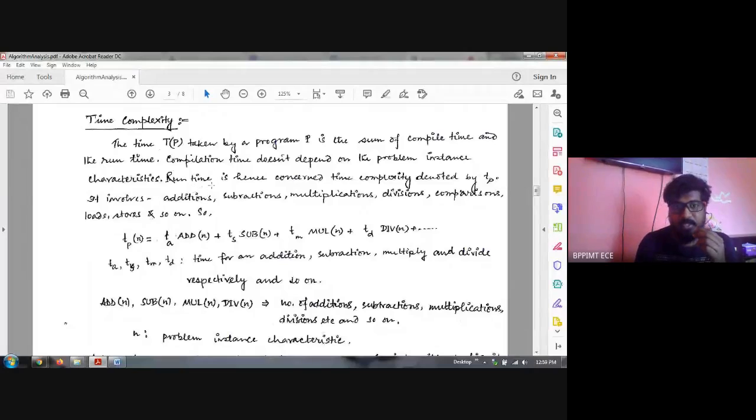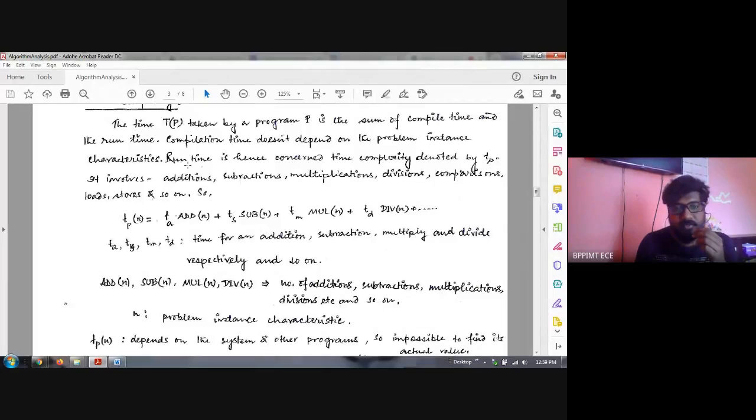Runtime is hence concerned with the time complexity, denoted by small tp. It involves addition, subtraction, multiplication, division, comparisons, loads (meaning assignments), stores, and so on.